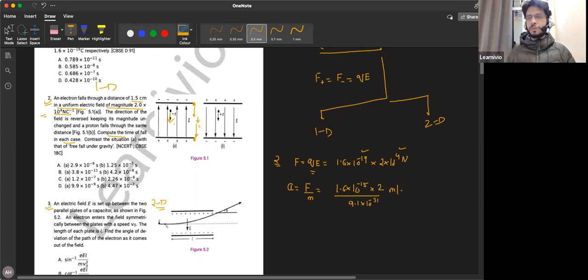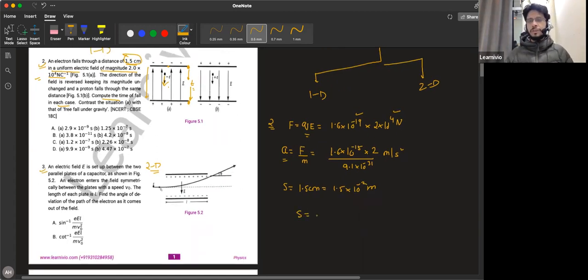So it's meter per second square. This is acceleration. Now the distance between the two plates is 1.5 centimeter. So the distance that electron will cover is 1.5 centimeter, which is 1.5 into 10 raised to the power minus 2.